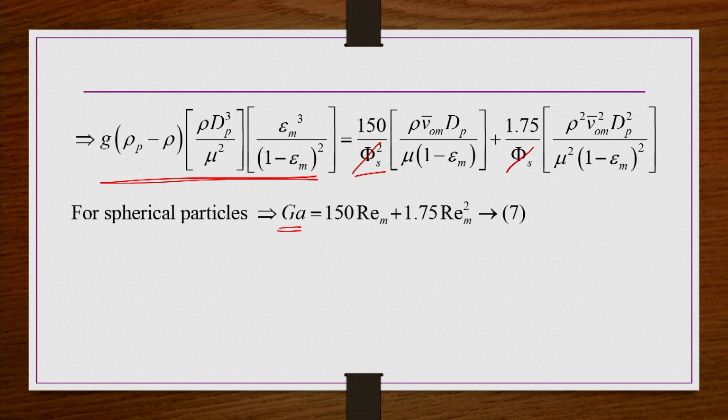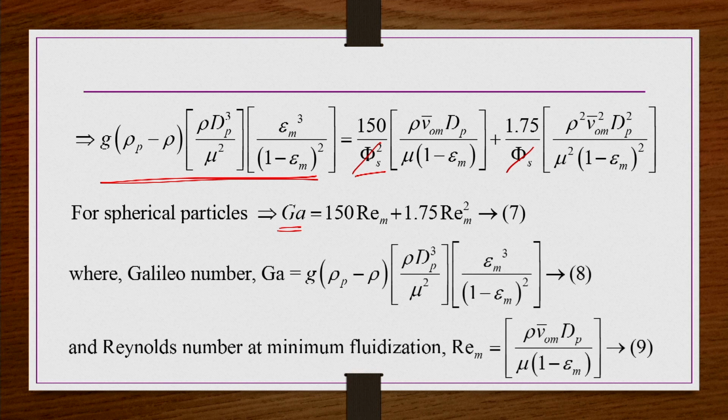It is similar to the k factor that we developed for the case of a single particle. For a single particle, we have this k. K is nothing but dp times the cube root of g rho delta rho by mu square. This is what we have as k for a single particle.